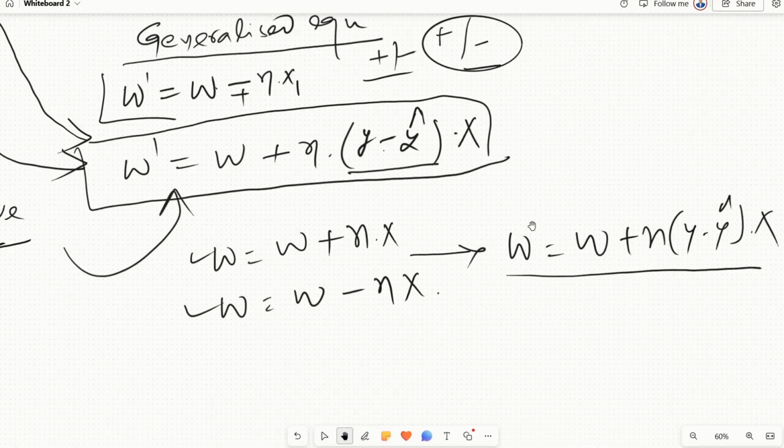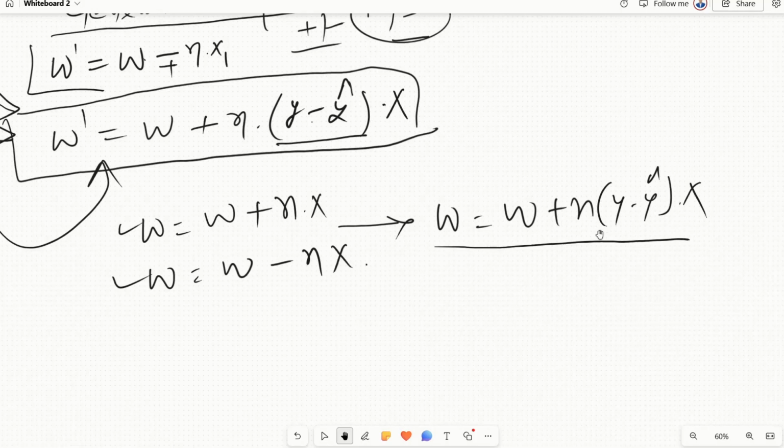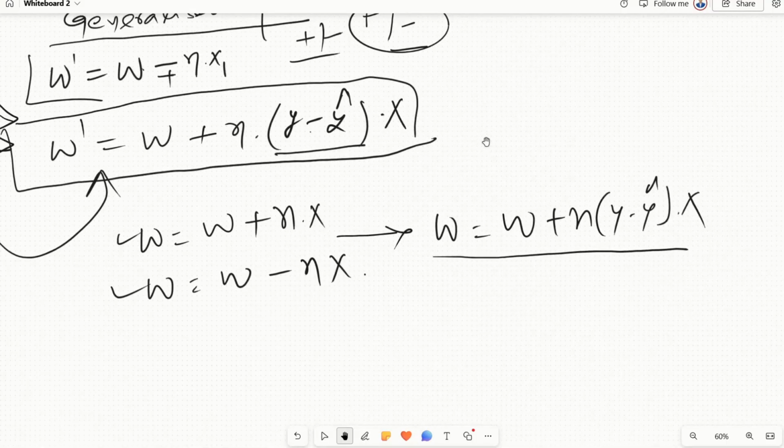Let me explain that. After combination, it is representing both equations. Let us suppose this case, the negative case. The negative happens when y predict is equal to 1 and y is equal to 0.